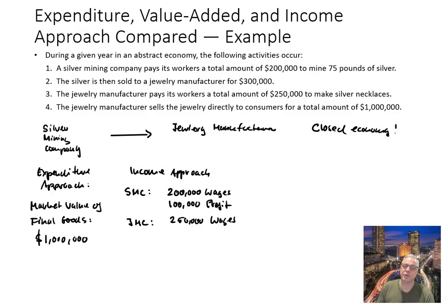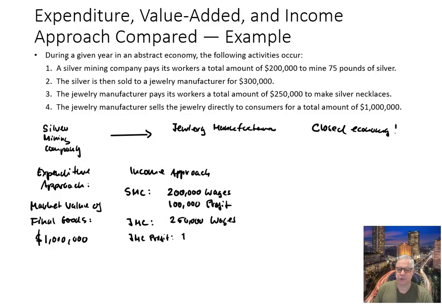And then the jewelry manufacturer sells the jewelry directly to consumers for a total amount of 1 million. Okay, so now we have to take a look at the profit. So I make that separately. So JMC profit.